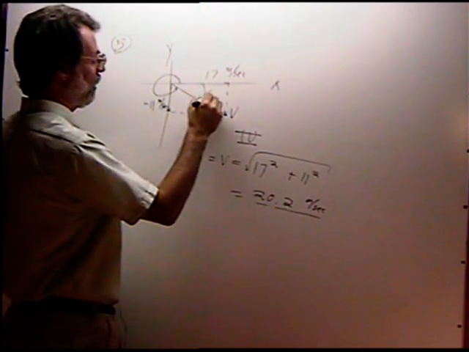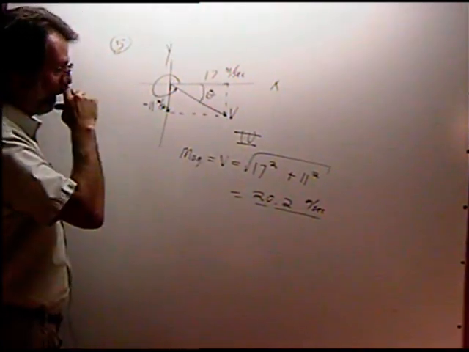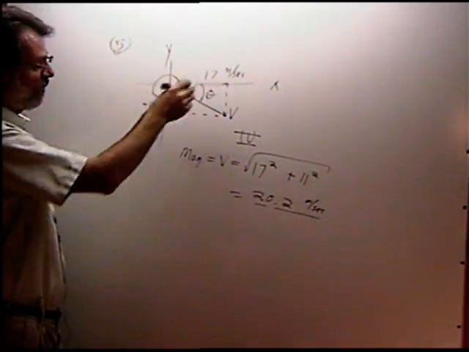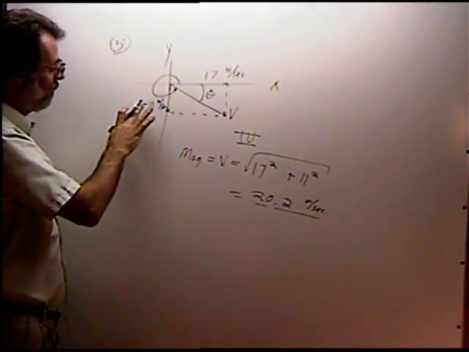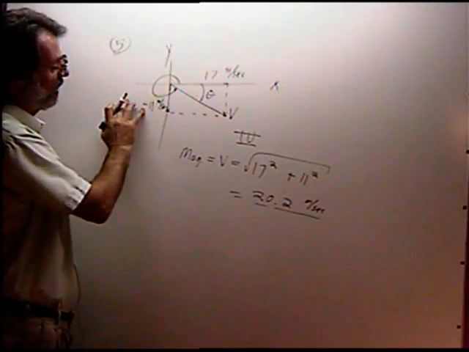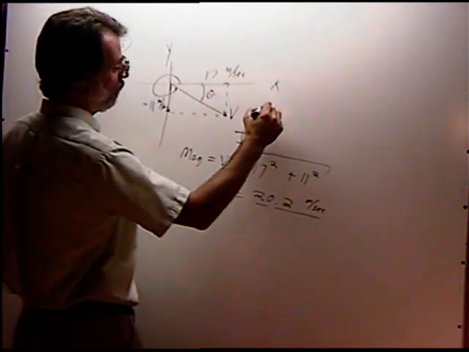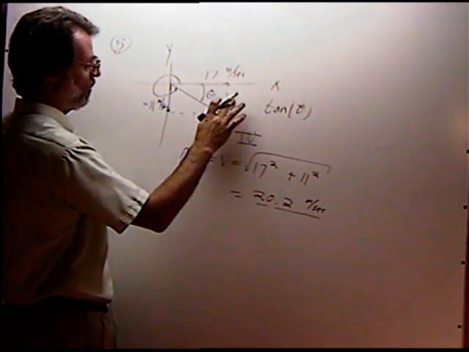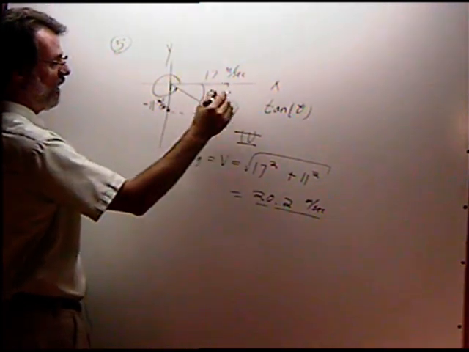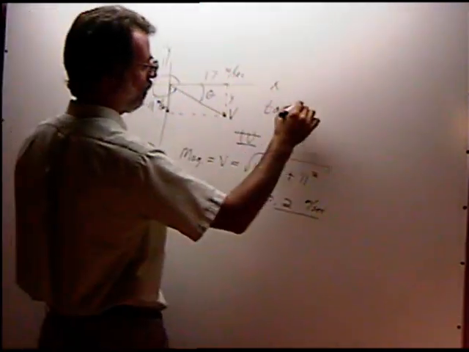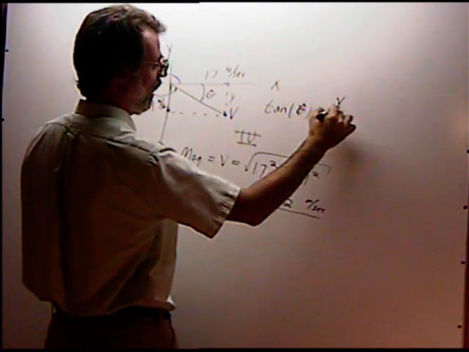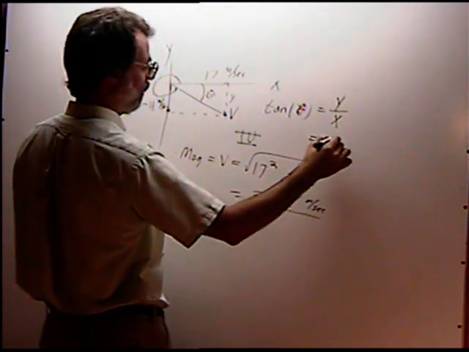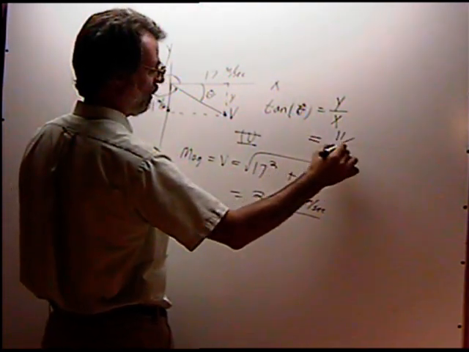But what about the direction? I'm going to ignore the negative sign for now and say that the tangent of this angle is the opposite over the adjacent, or y over x, which is 11 over 17.